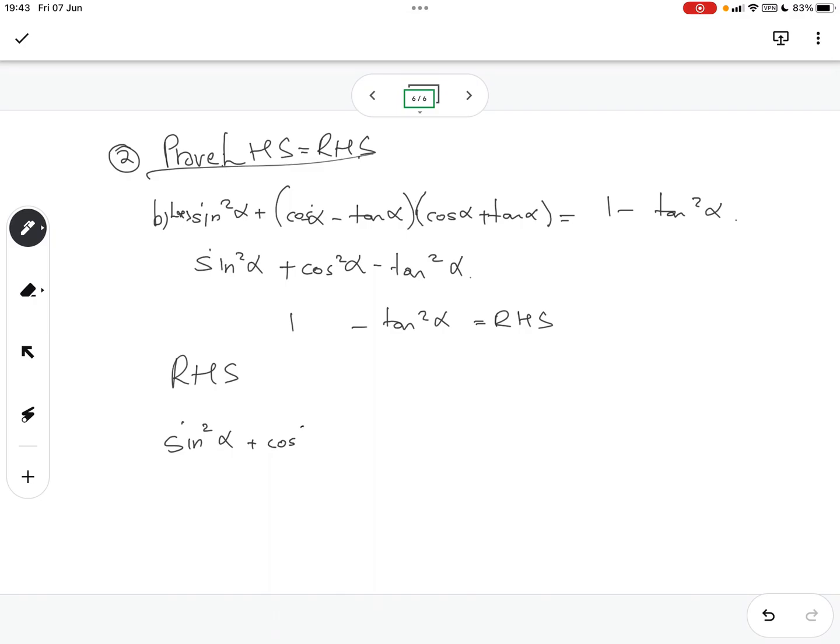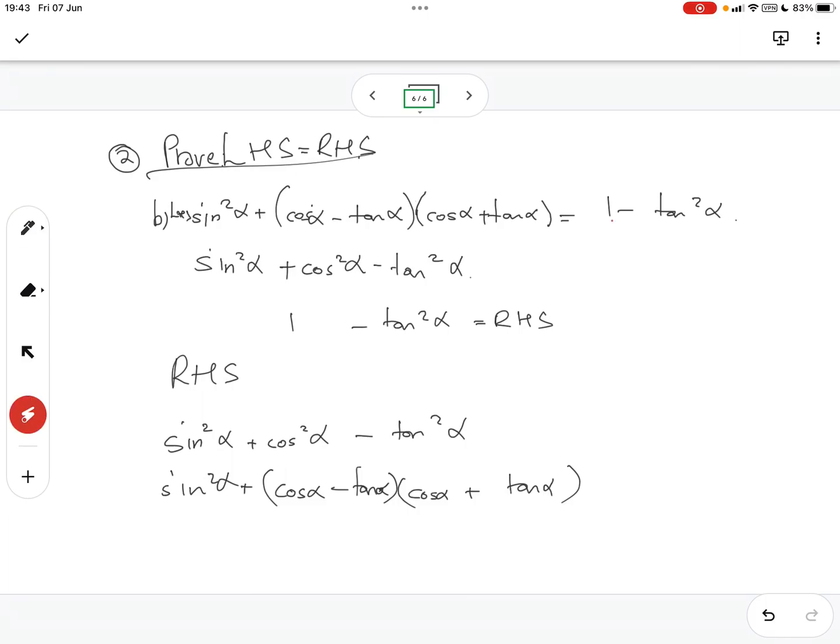So if we do right-hand side, we can go 1 equals, and between these two, we can take the difference of two squares, and it's cos alpha minus plus tan alpha.